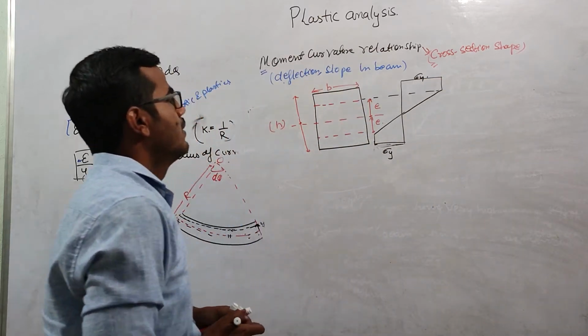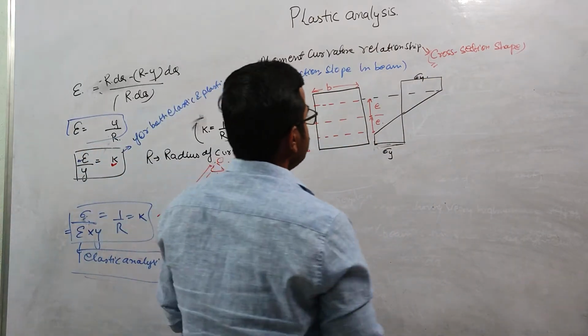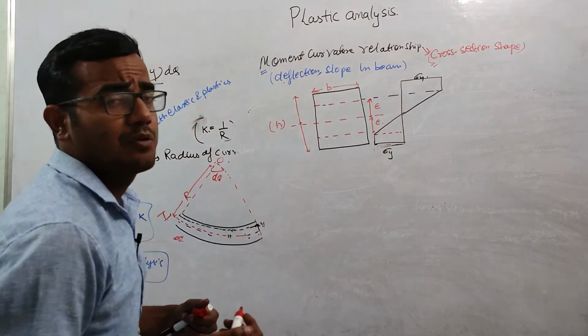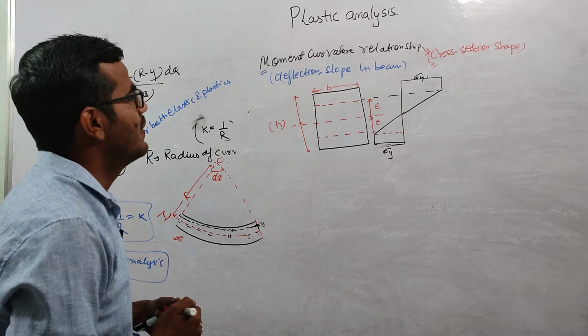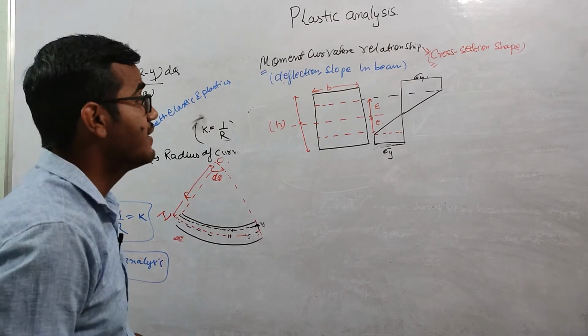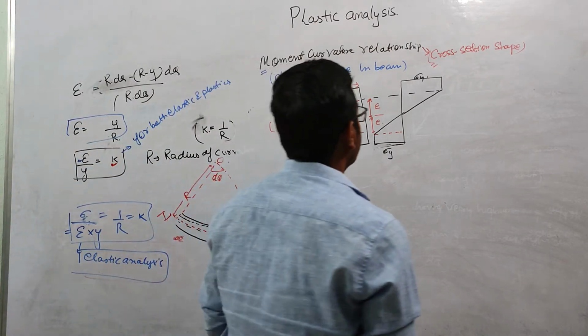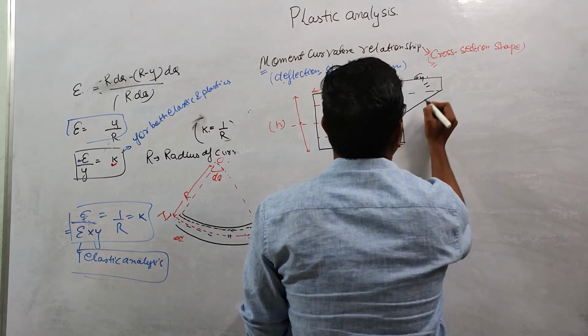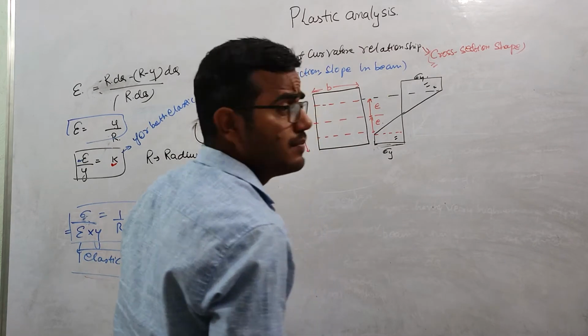Now first we will calculate what will be the moment of resistance for this case, right? For that, we need to find the moment of resistance for this state. So first I am considering these two portions I am taking.